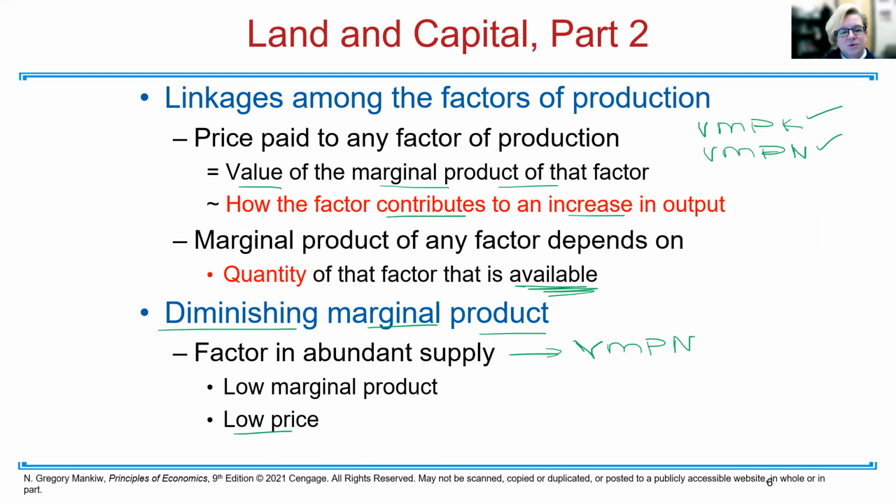I just read something in The Economist about how land is one of the prime components of the gross domestic product of China, around, and don't quote me, I think 35% of the gross domestic product, because they do have a lot of land which can be used. So it will have a low marginal product because it is plentiful.